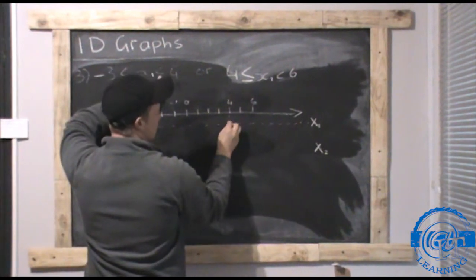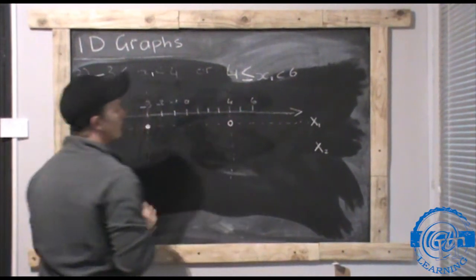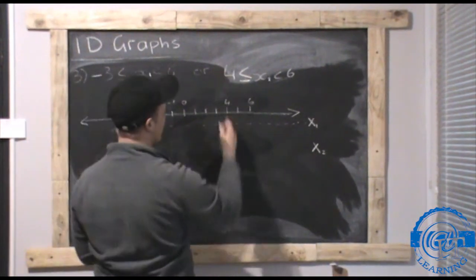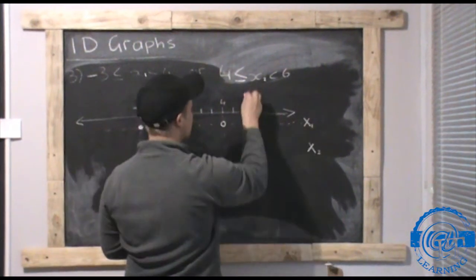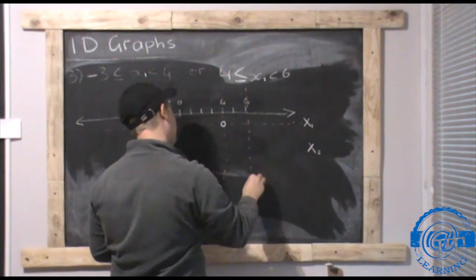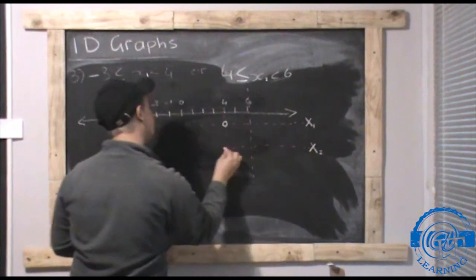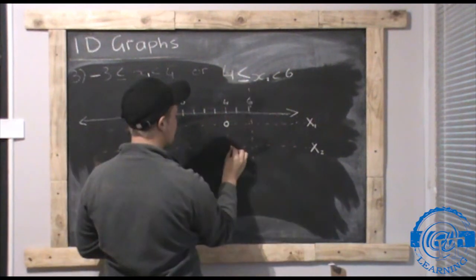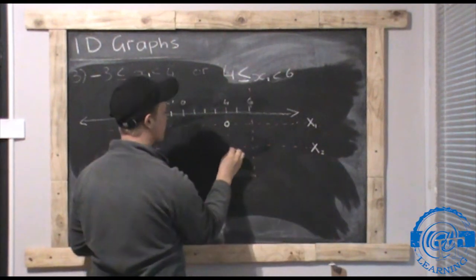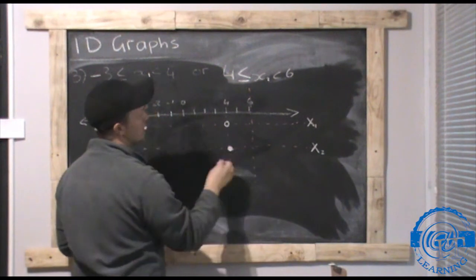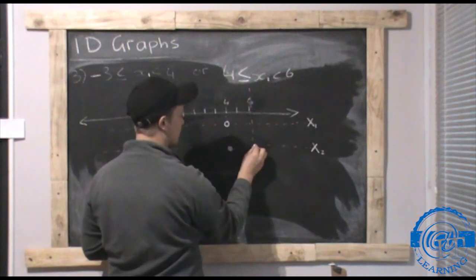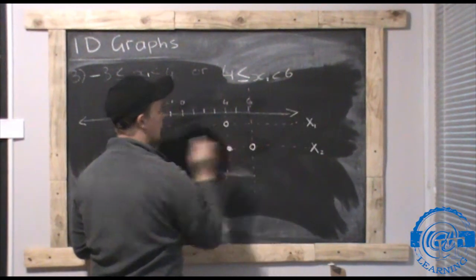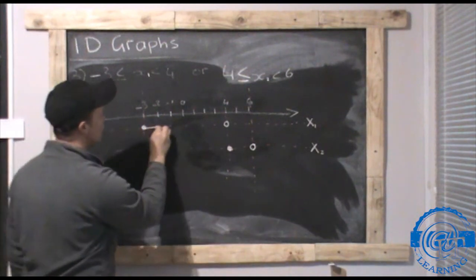It's not inclusive. Next one, 4. We've already brought it over. And 6. Let's bring 6 over. Our variable. Now, 4 inclusive? Yes. Solid dot. 6 not inclusive, open dot. Connect your graphs.